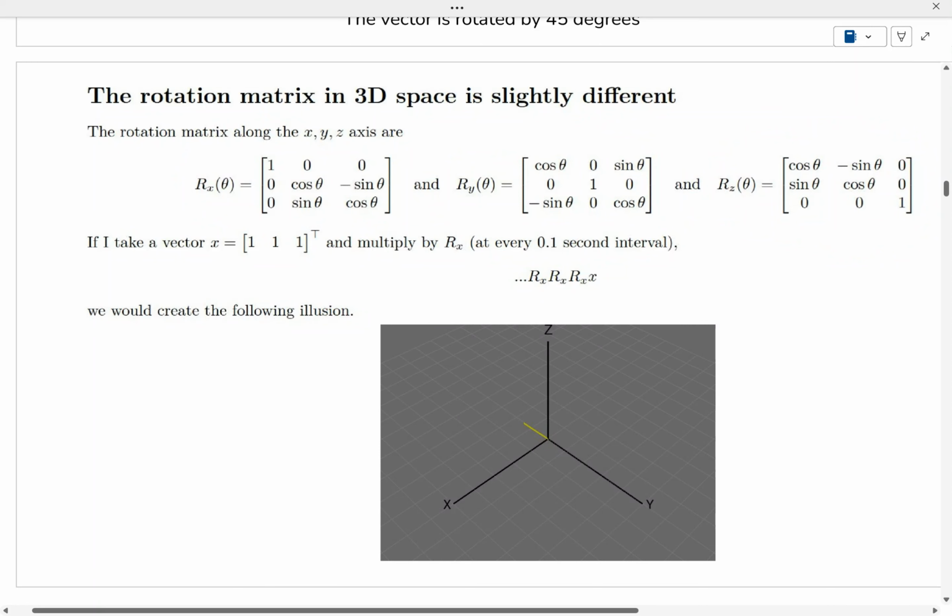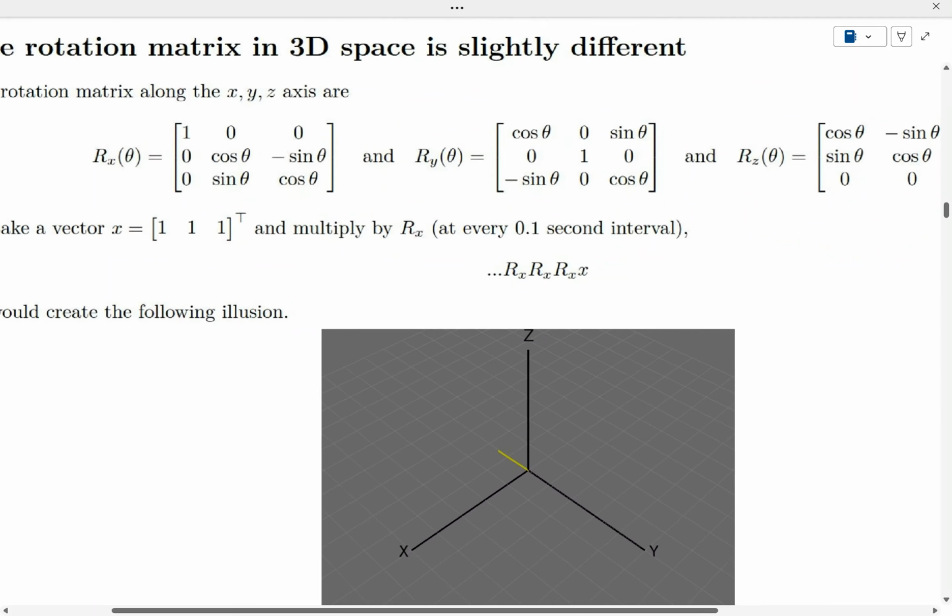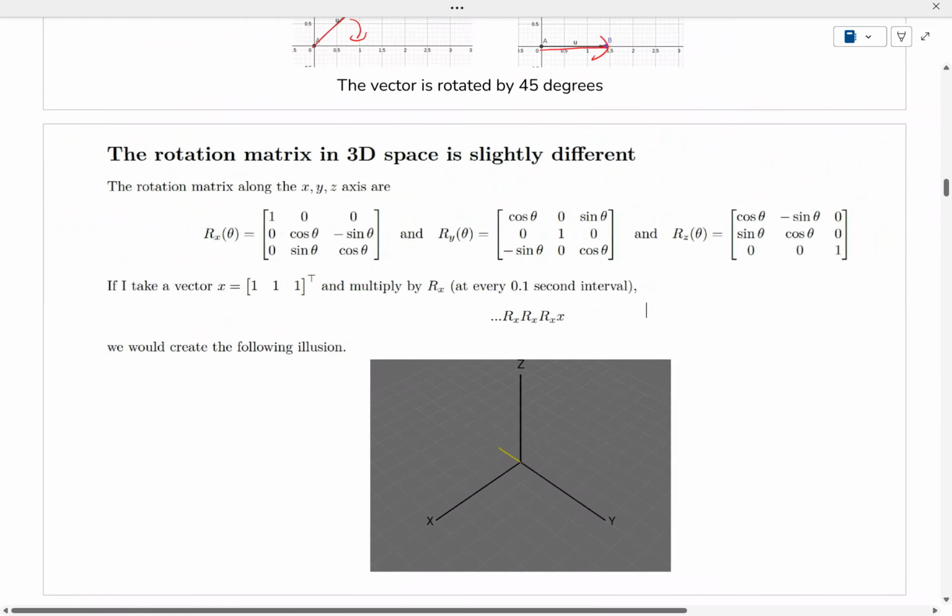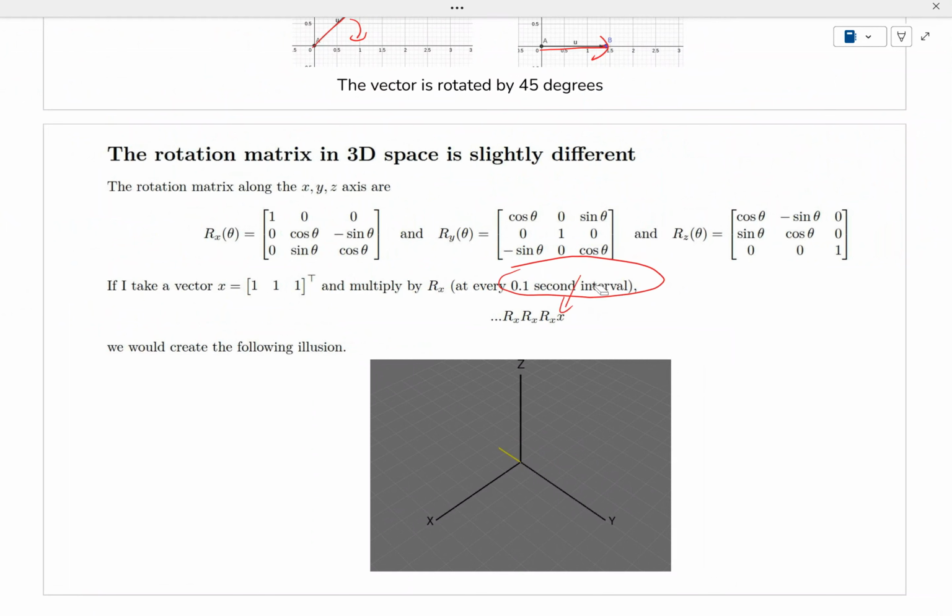So we can continuously rotate a vector. Let's say every 0.1 second we rotate. We take x and multiply by the rotation Rx. Then in the next 0.1 second, we take this result and multiply again, and then take this and multiply again.